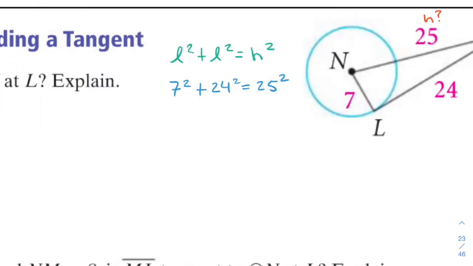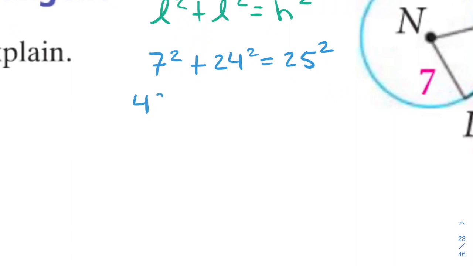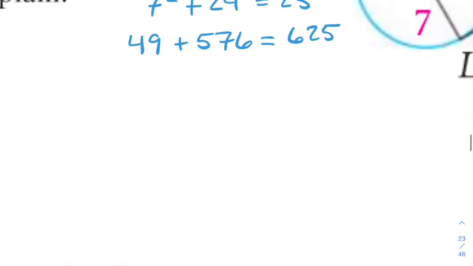And we're going to do the algebra out now. So 49, and 24 squared is 576. And that's 625. So does 576 plus 49 equal 625? And guess what? We're in a really good spot. It does.